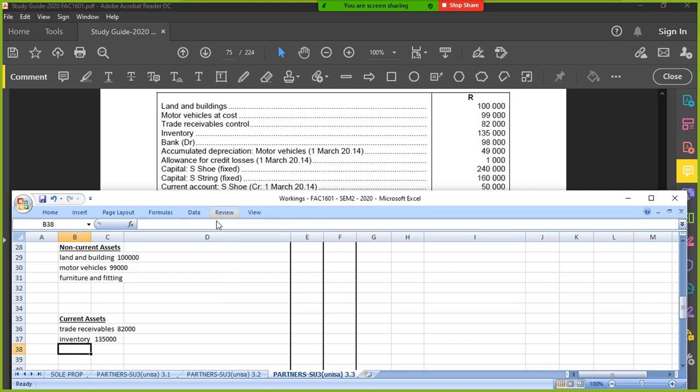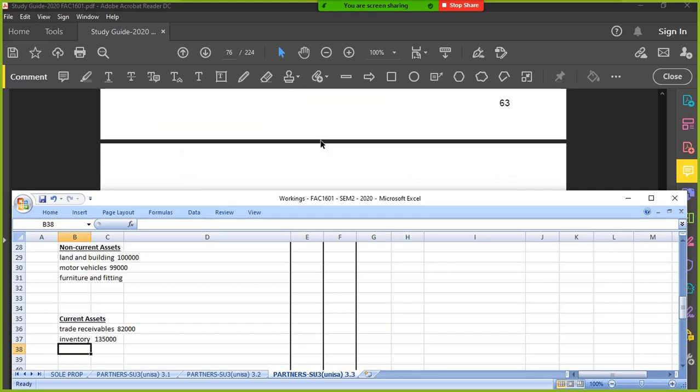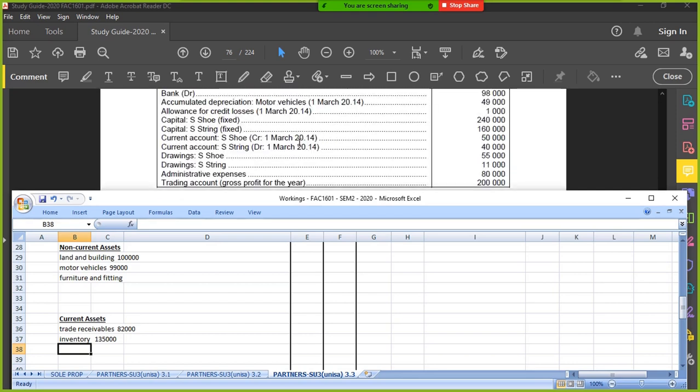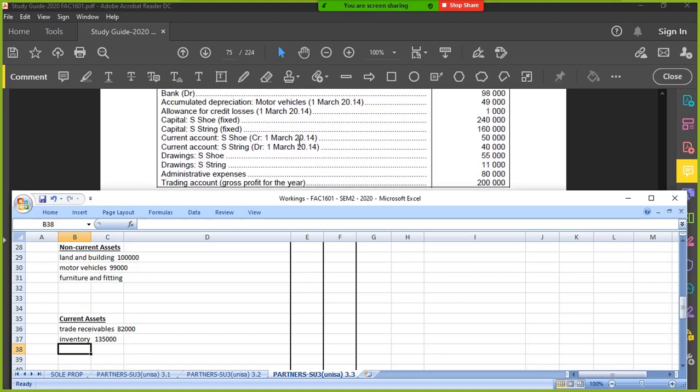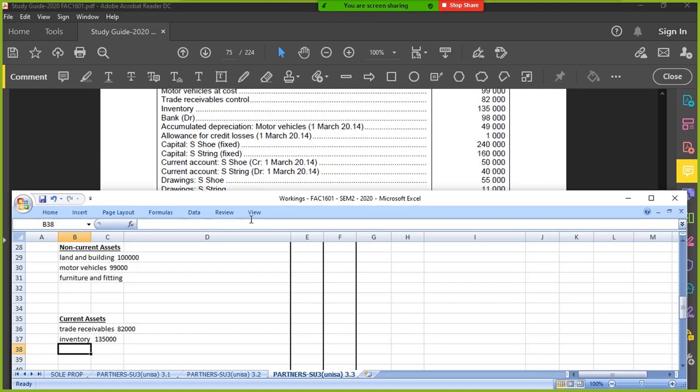But it would also go under your cost of sales as closing inventory if it's periodic. Do you know if it's periodic? I don't see any purchases, so I'm not going to worry about that. Bank, current asset, 98,000.